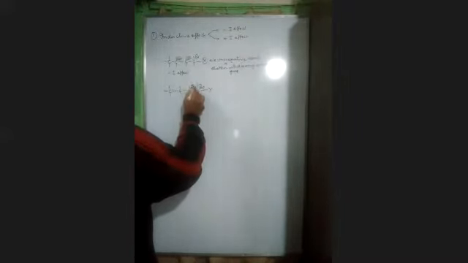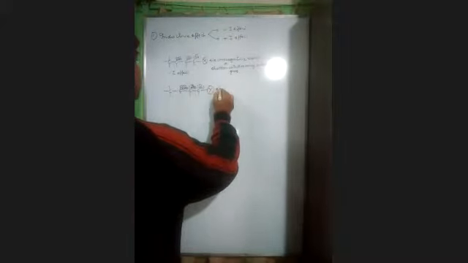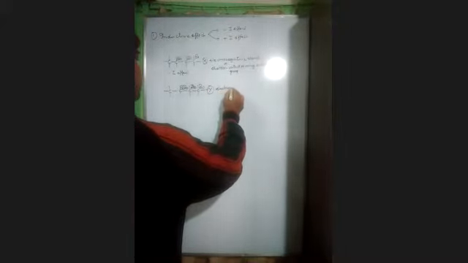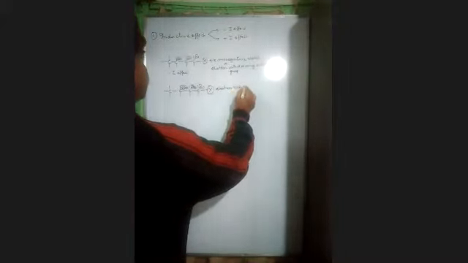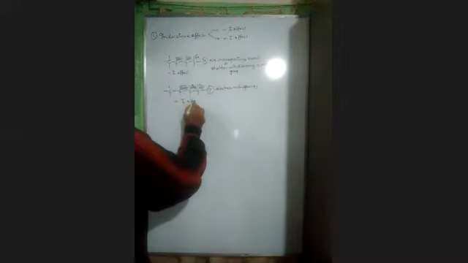Okay? They have become like this. So this is an electron rich species. So this is called plus I effect.